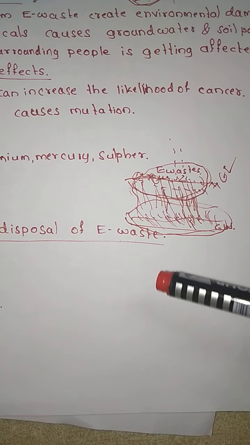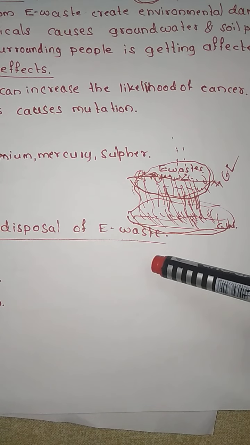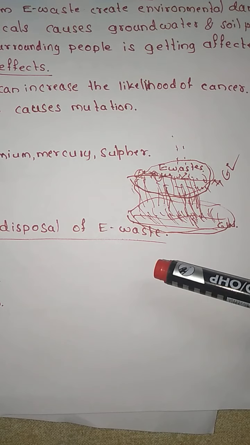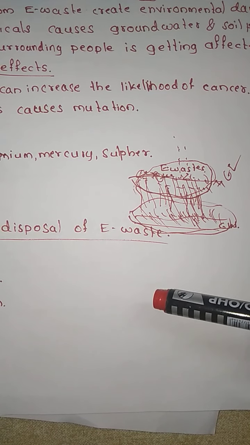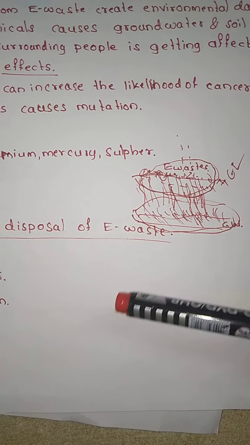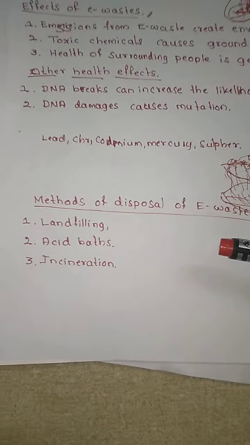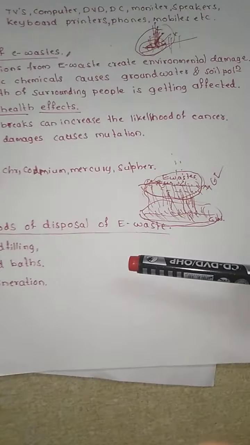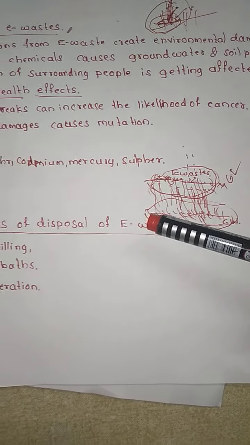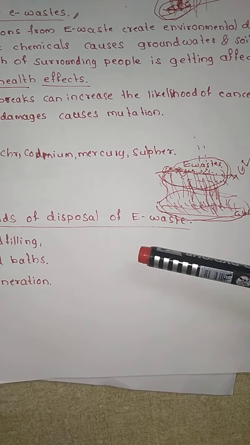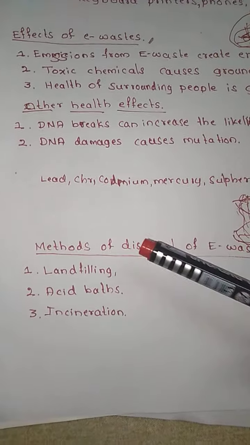But again, this is a method of e-waste disposal, but we should avoid it. We should avoid e-waste disposal by landfilling, because it is going to cause soil pollution and groundwater pollution. So again, it is going to affect human health. So we need to avoid this method of landfilling.